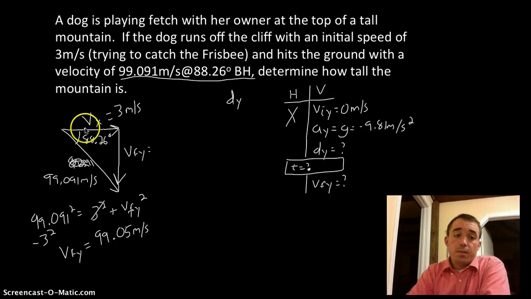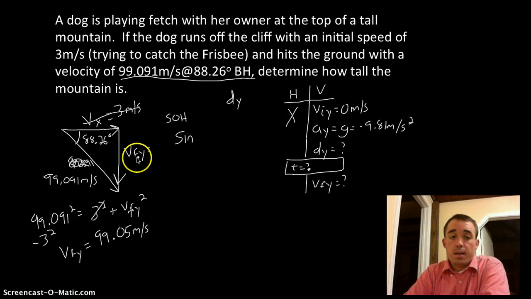The other way is maybe we don't know this. Say that wasn't known. In some problems it might not be given. But we can still find VFY because we have a side of the triangle and the angle. We can use the trig, sine, cosine, to find the vertical. For that we're going to use sine, because for SOHCAHTOA, sine is the opposite side, which is VFY, over the hypotenuse.